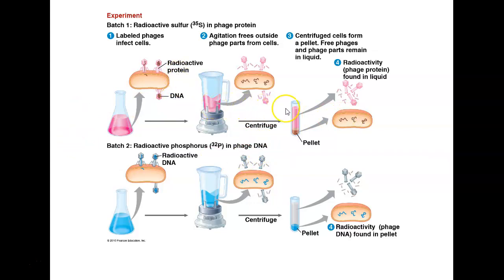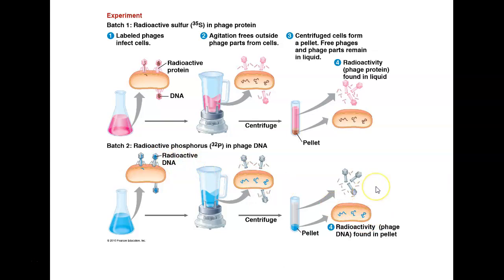They did a whole bunch of stuff. They got the virus to attack and so on. And what they found was that the protein itself was actually inside the liquid, not inside the cells. And when they did the same thing with DNA, they found that the DNA was actually inside the cells.